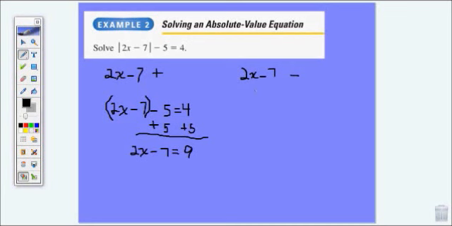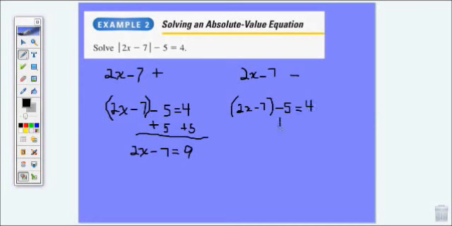I want to show you what it would do with the negative before we complete this. So in this case, I again would do this first step. I said the quantity of 2x minus 7 could be negative, but I'm copying down the entire equation here, and the entire equation is like this.